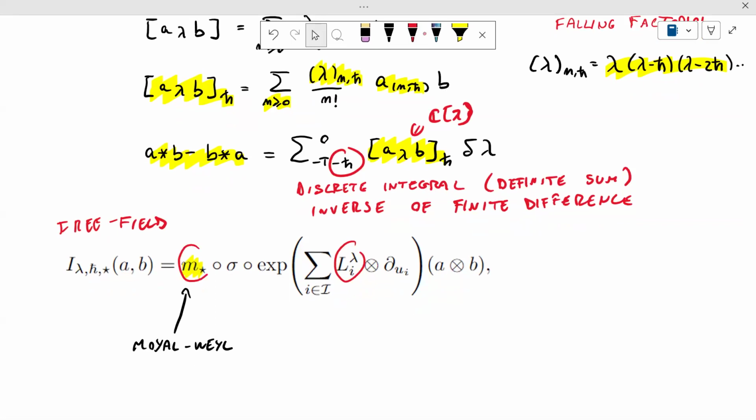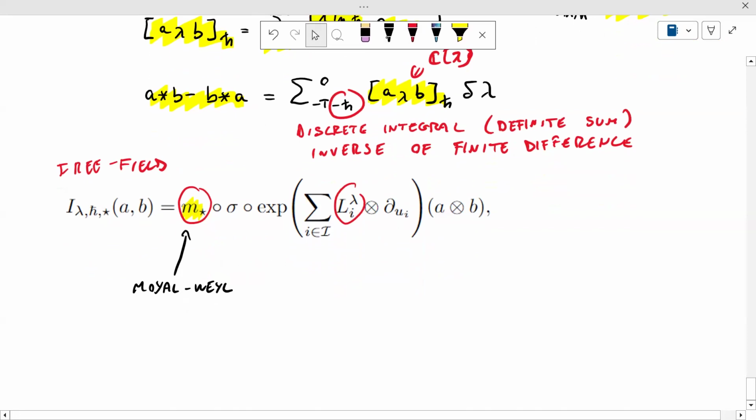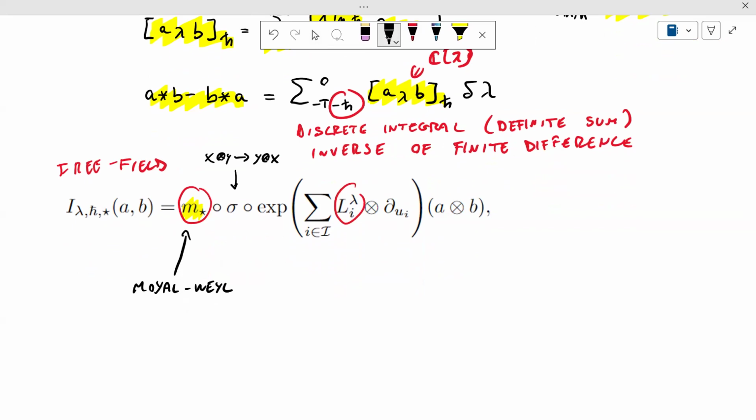So here we still get the star product like we had in the non-free field case. And then this sigma here again appears mysteriously. This is just sending X tensor Y to Y tensor X.